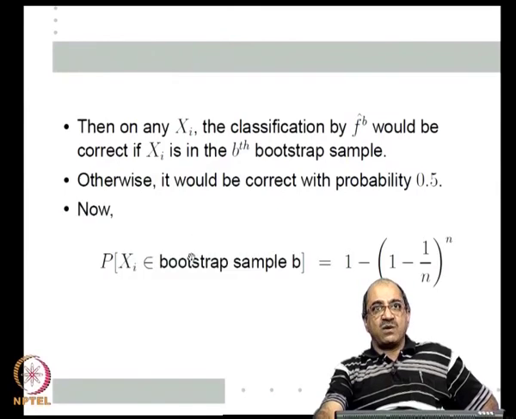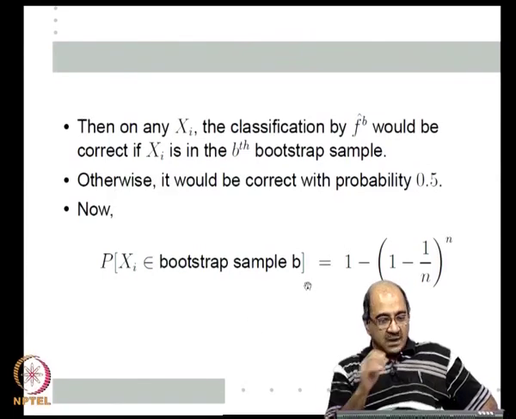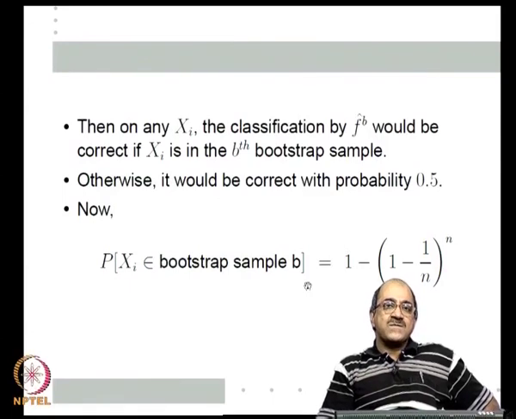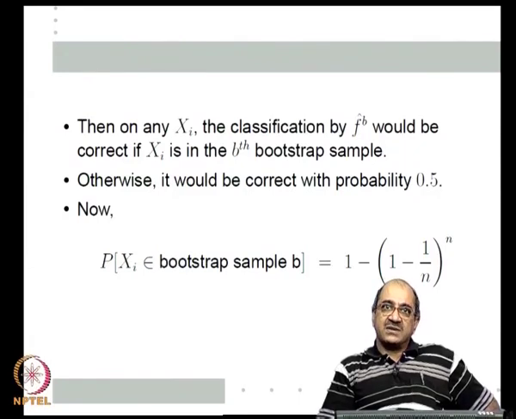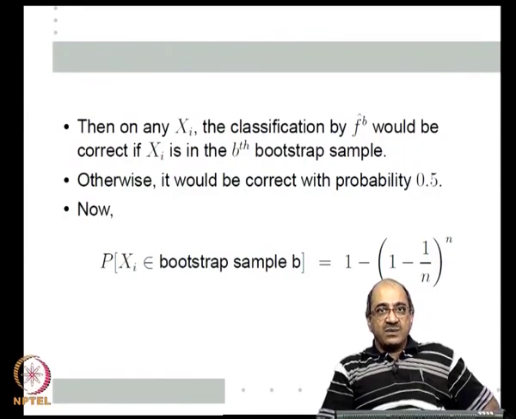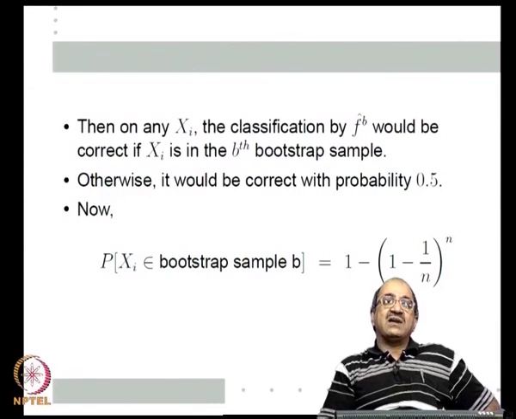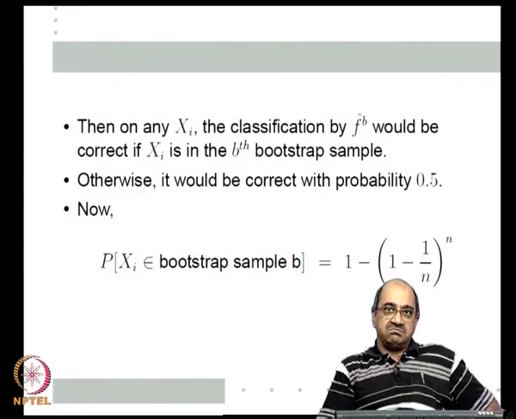We can calculate this probability. Let us say I want to calculate the probability for some i and some b, the probability xi belongs to bootstrap sample b. How did I generate the bootstrap sample? I keep sampling uniformly over the 1 to n samples, right. So, first let us ask when will xi not belong in the bootstrap sample.